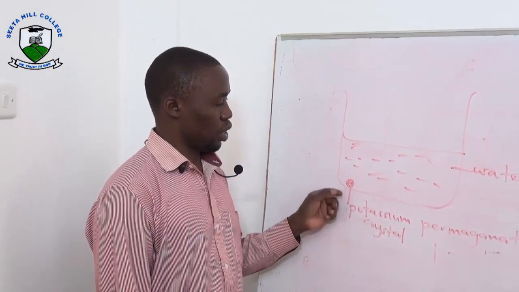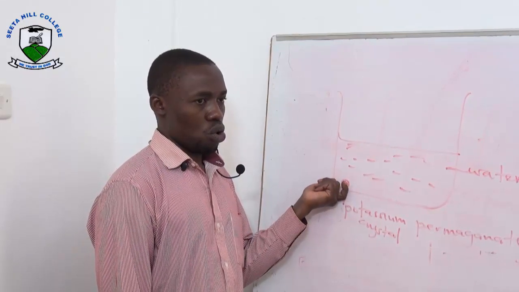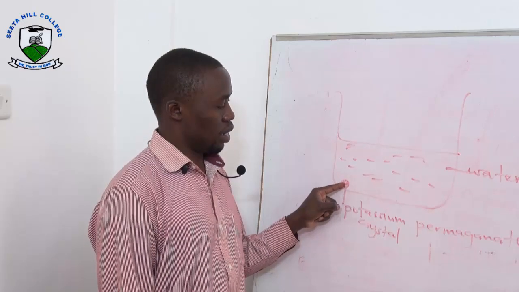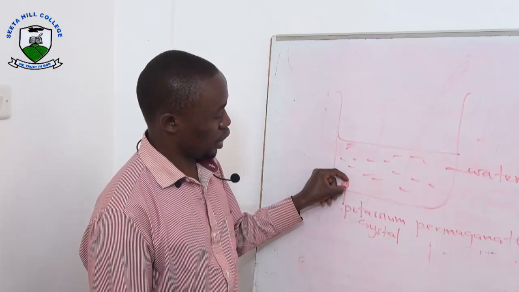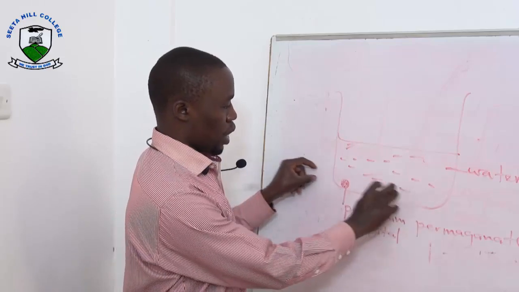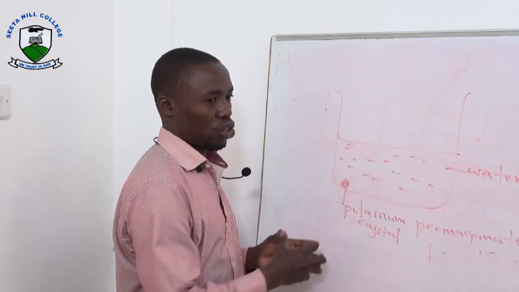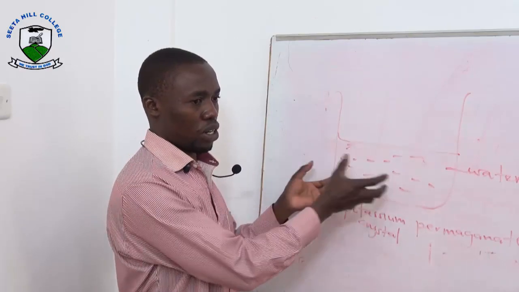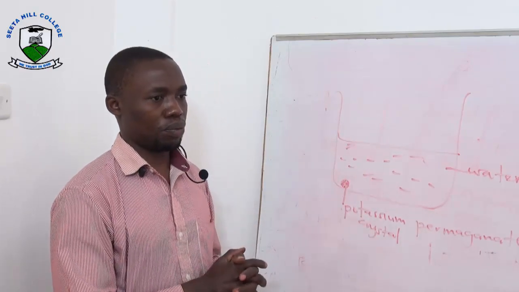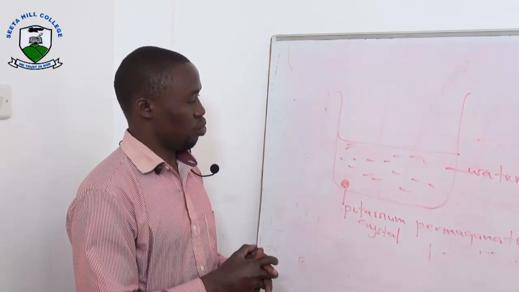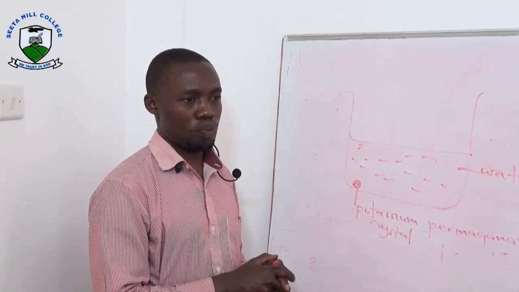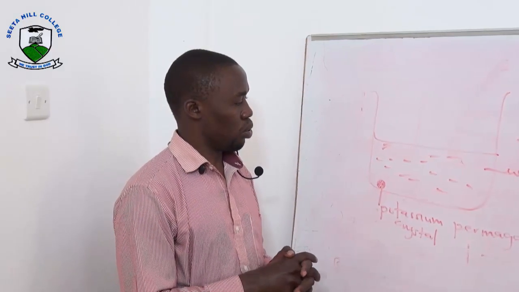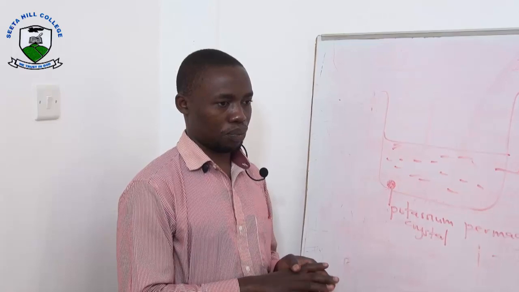The particles of the crystal will leave the crystal section and keep spreading until the crystal is gone, showing that the particles of potassium permanganate have spread throughout the whole water. That would make the water turn purple after some time.